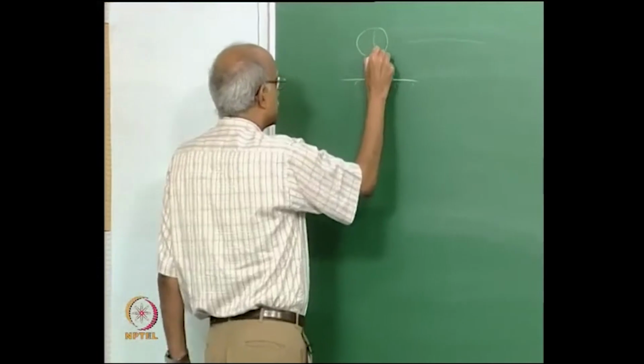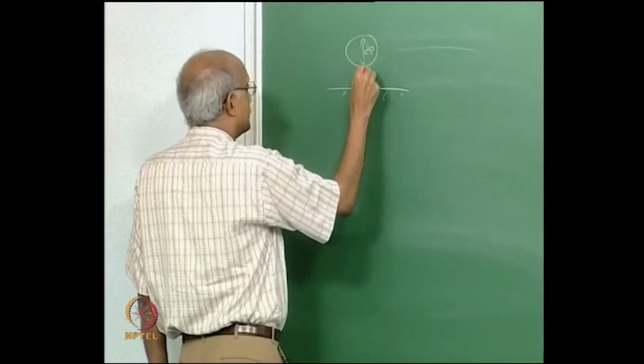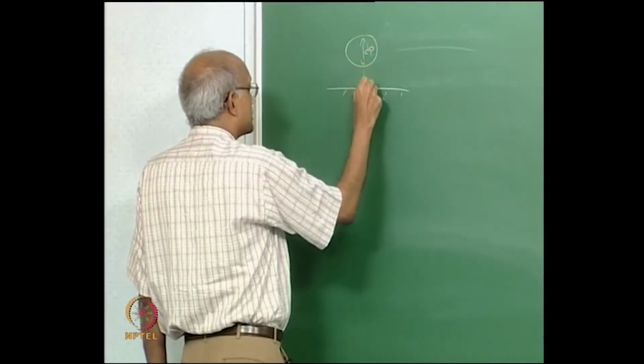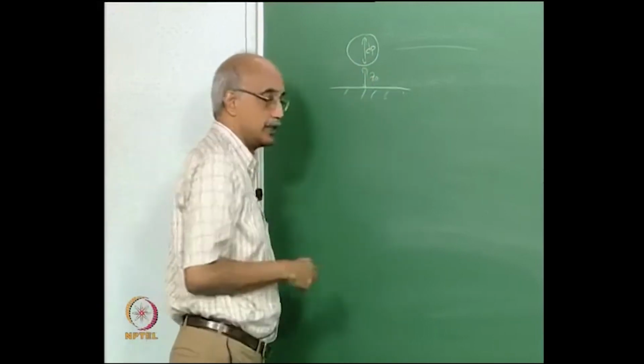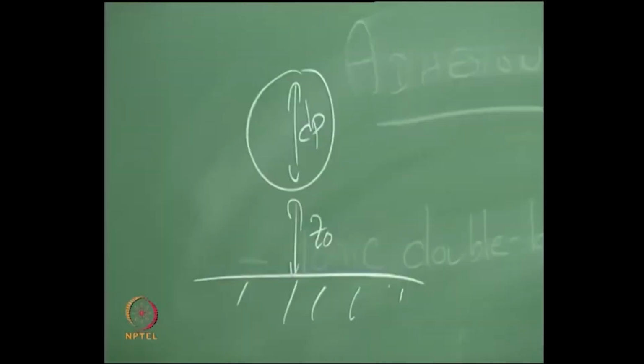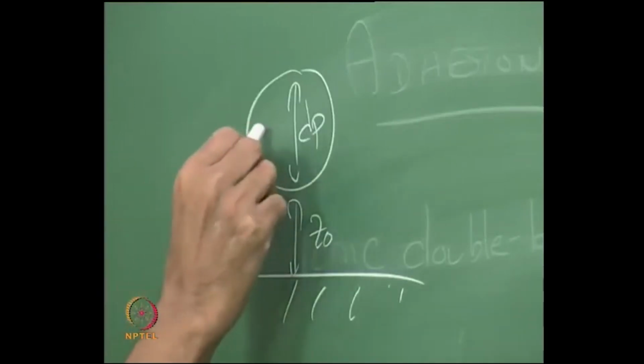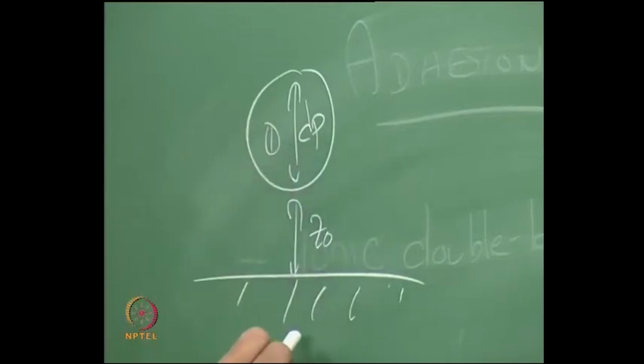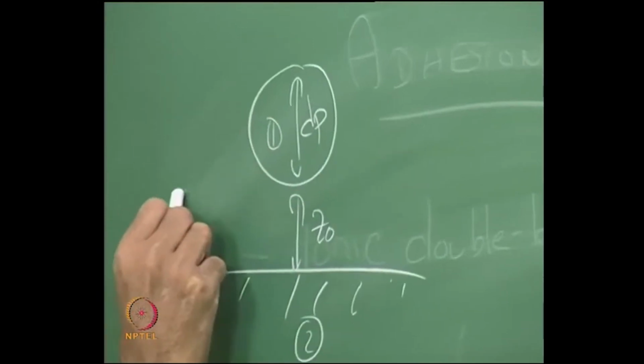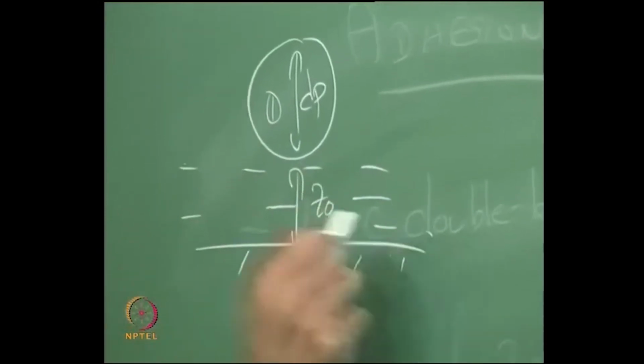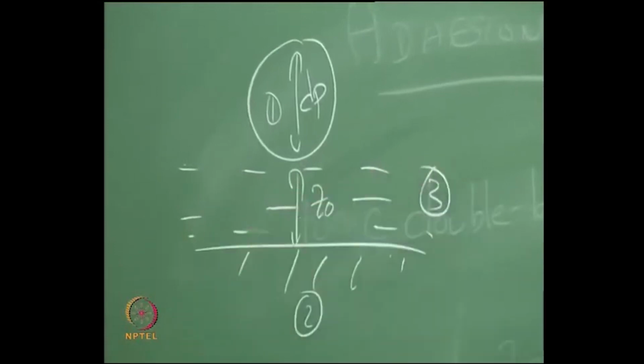Let's say the diameter of the particle is dp, and the distance from the end of the particle to the surface is z0. Let's call the particle material 1, the surface material 2, and the intervening fluid material 3.